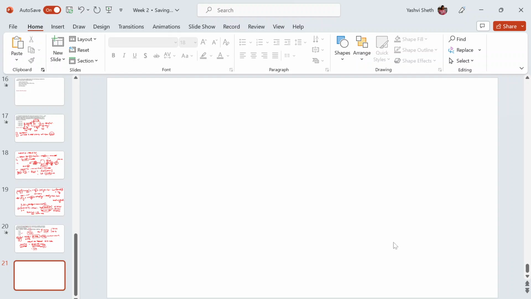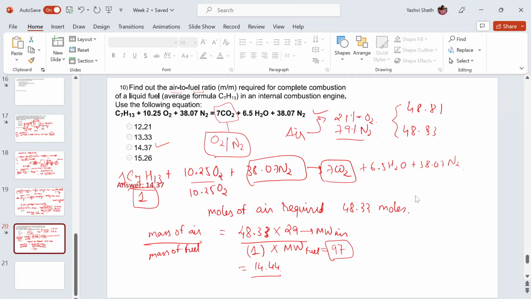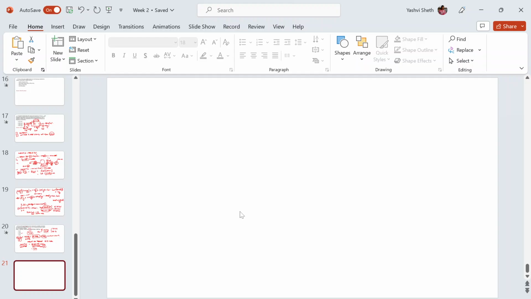Acha. In that case, there will be some mistake in the question. So the method I am showing, if you have followed the same, then you should get the correct answer. Is the method the same which you have followed? What I have shown? No. Or else let me calculate.